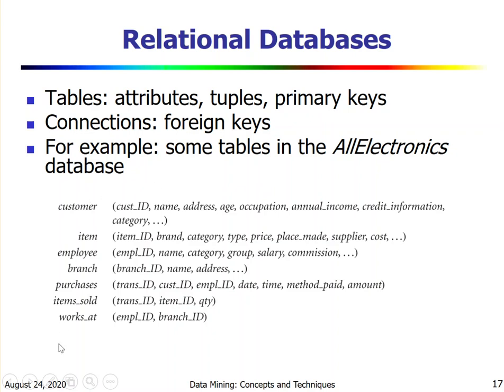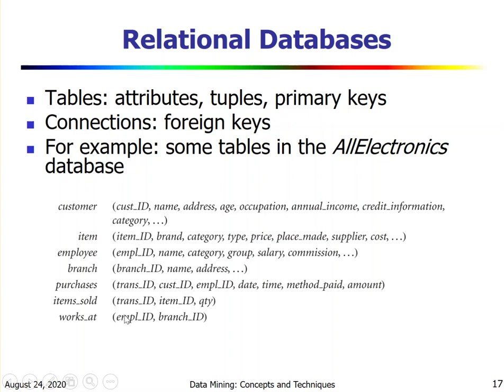And we also look at, for example, works_at: an employee works at a branch. We can just use employee ID and branch ID to form this connection. Employee ID is a primary key here, and branch ID is a primary key describing a branch. A branch has a branch ID.